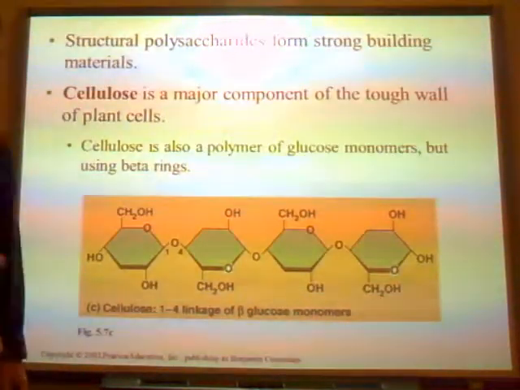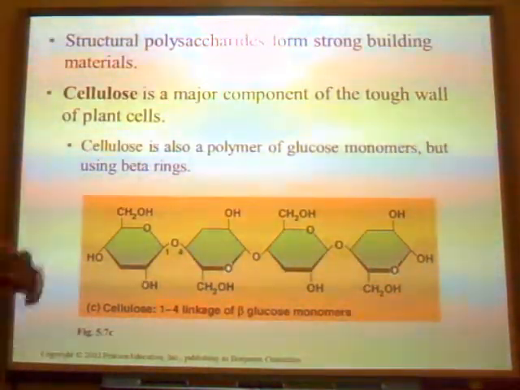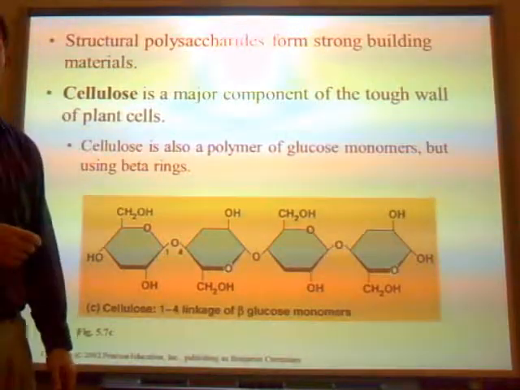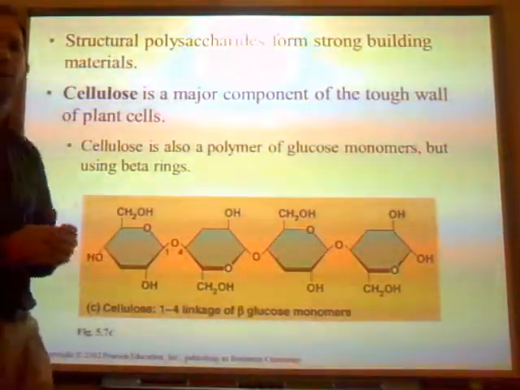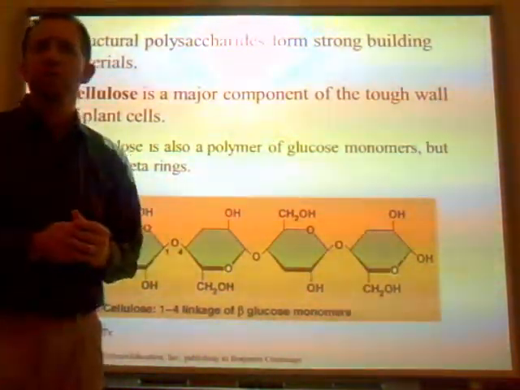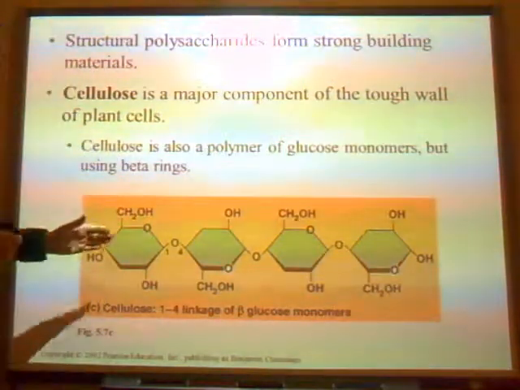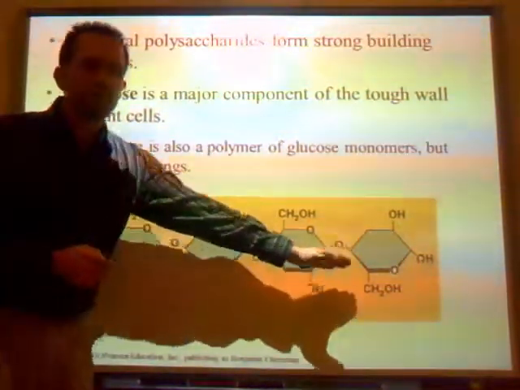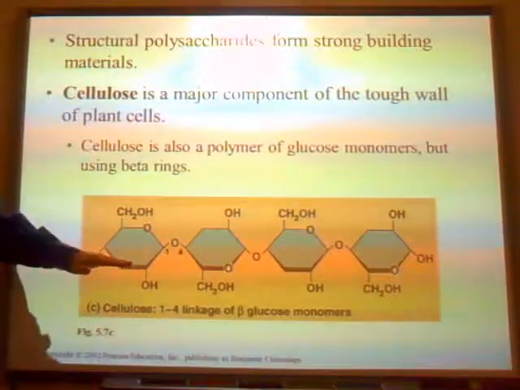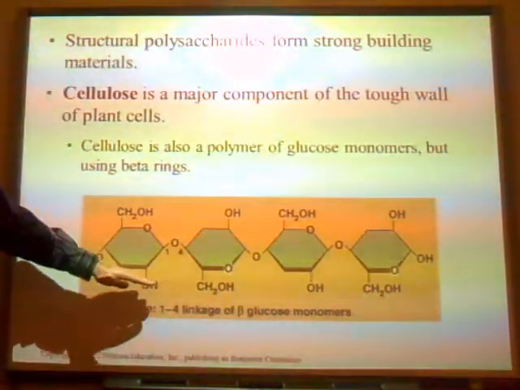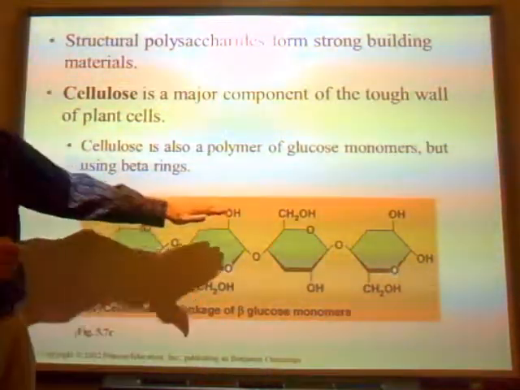Now compare that to cellulose, which is another important polysaccharide in our plants, especially when it comes to their cell walls. Notice that as we go across, you're actually going to see that we have the hydroxyls on the bottom, and on the next molecule it's on the top.